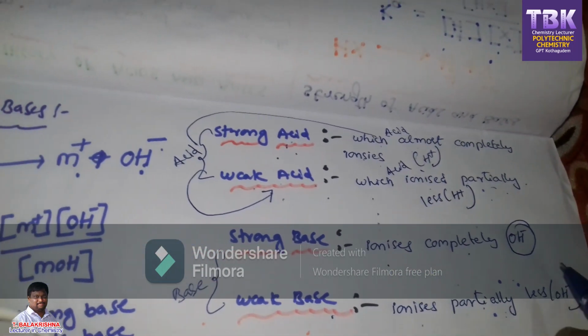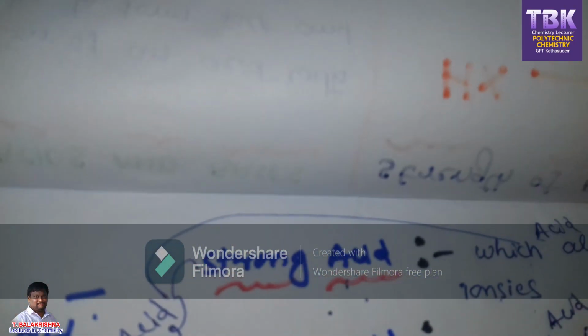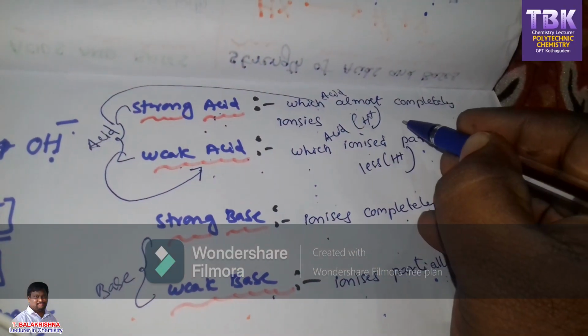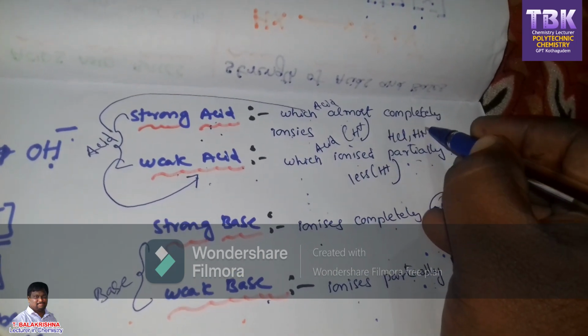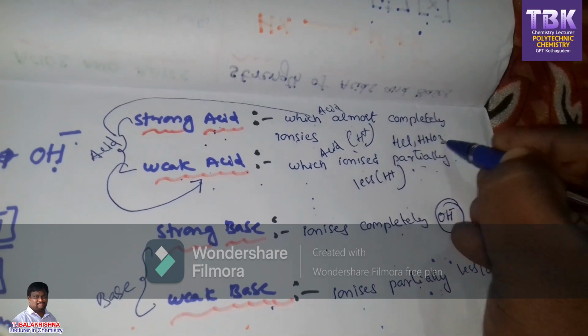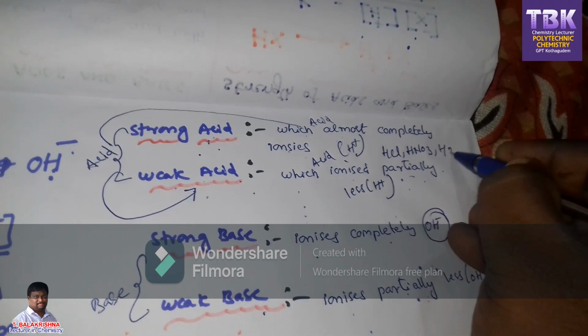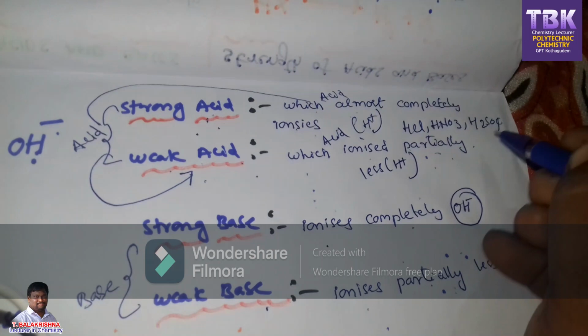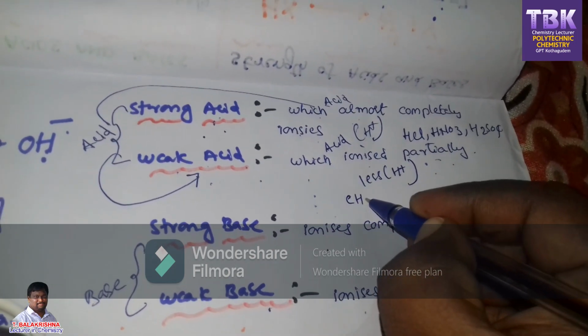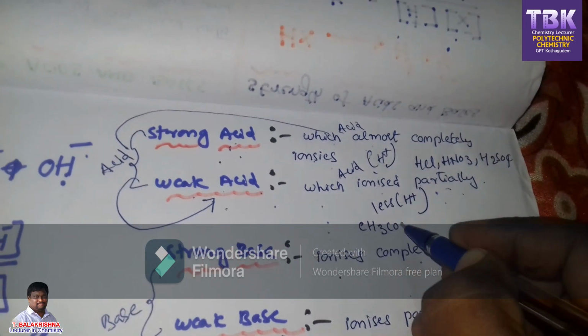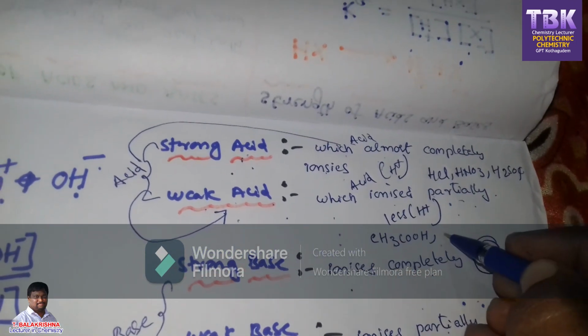Examples for strong acids: HCl, HNO3, H2SO4. Examples for weak acids: acetic acid, phosphoric acid.